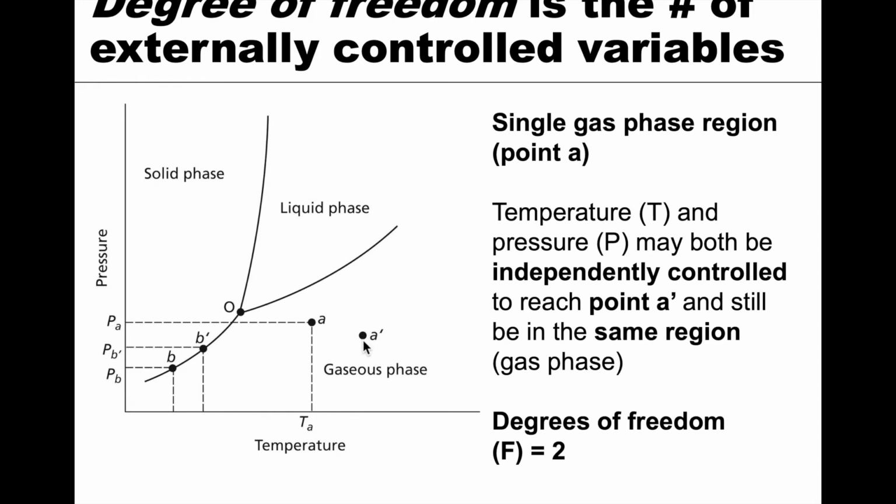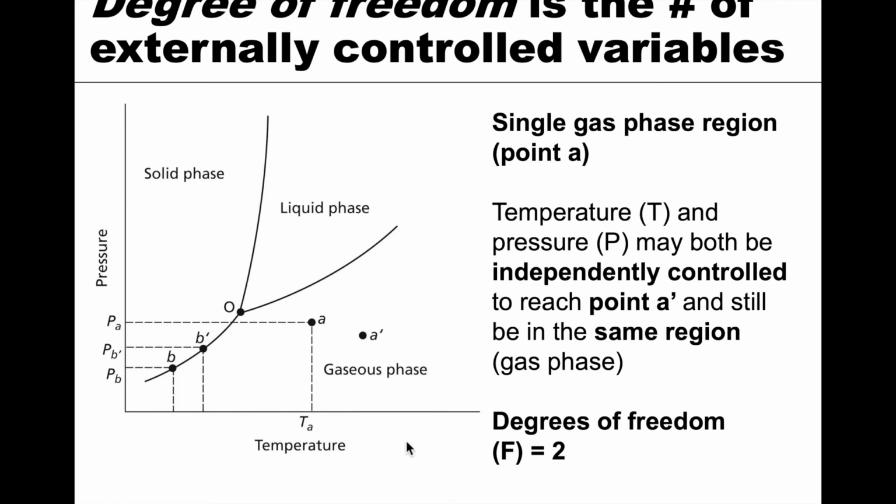So I've changed both temperature and pressure. In this phase region, I'm allowed to change both externally controlled variables, temperature and pressure, and I'm allowed to control 2 of them without moving into a different phase region, like the 2-phase region here, like the liquid, like alpha.